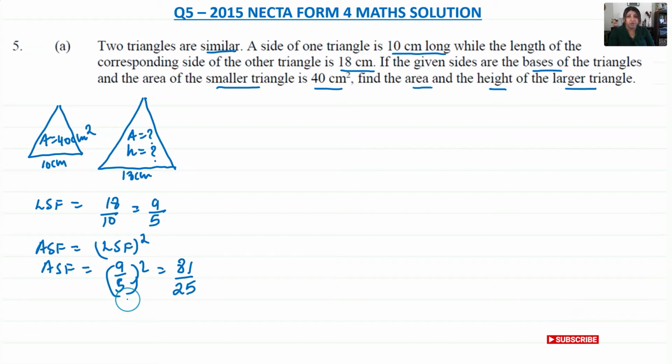What else do we know about similarity? If you take the area of the larger triangle divided by the area of the smaller triangle, you will get the area scale factor.